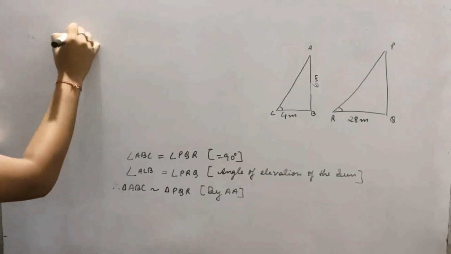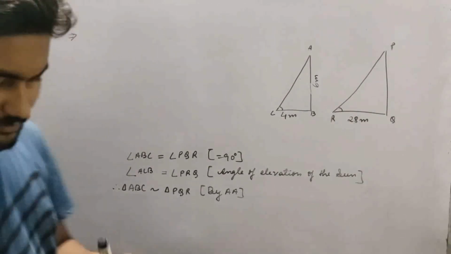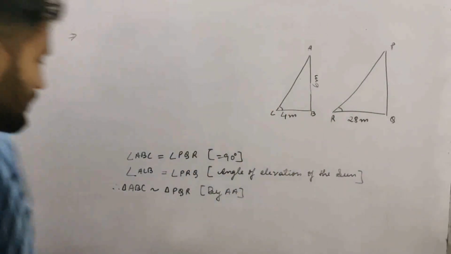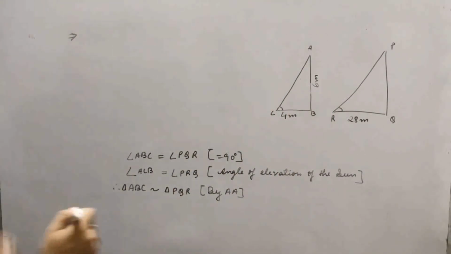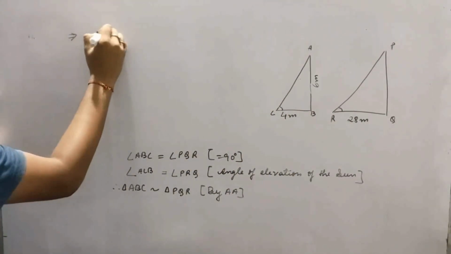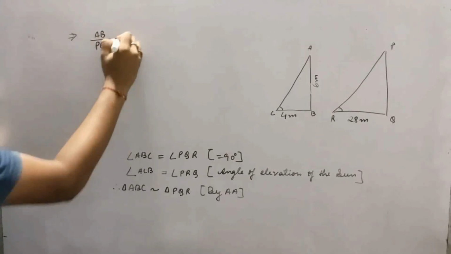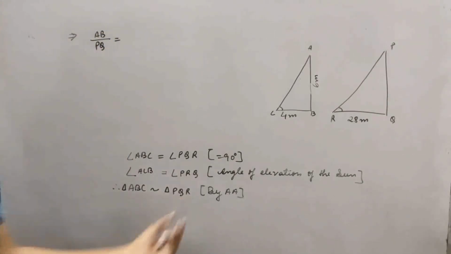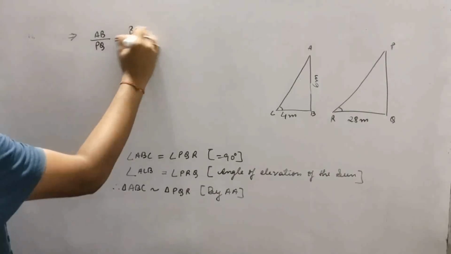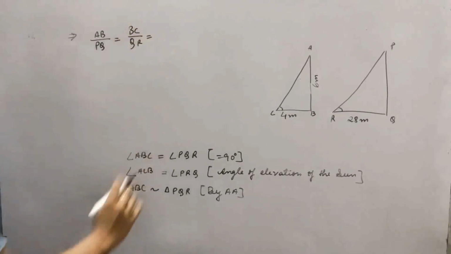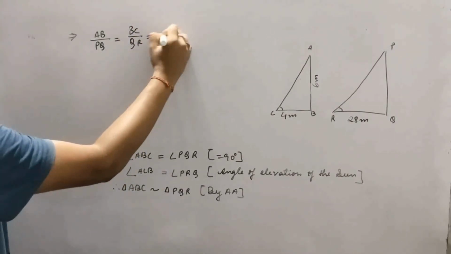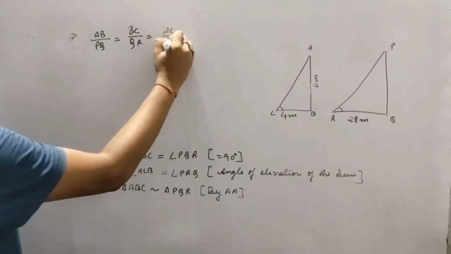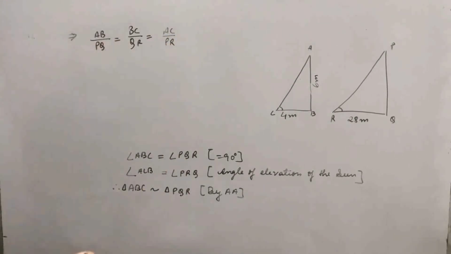Which implies, from here only we can say AB by PQ. If I take AB, then I will take PQ, which is equal to, if I take BC, then I will take QR. And if I take AC, then I will take PR.